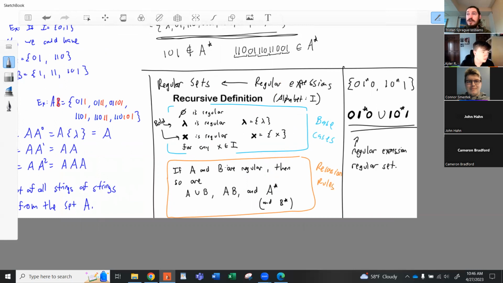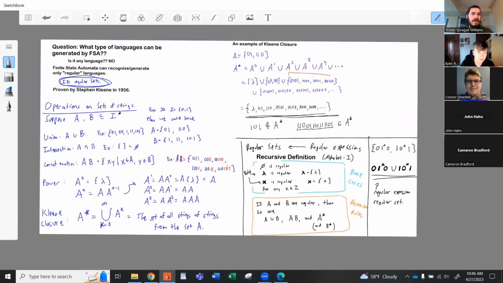That's just an alternate notation for the same set we did with set builder notation earlier. So there we go.